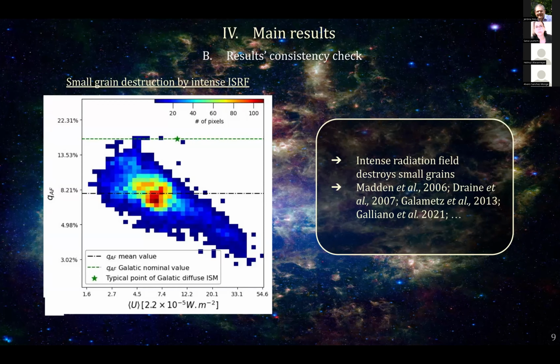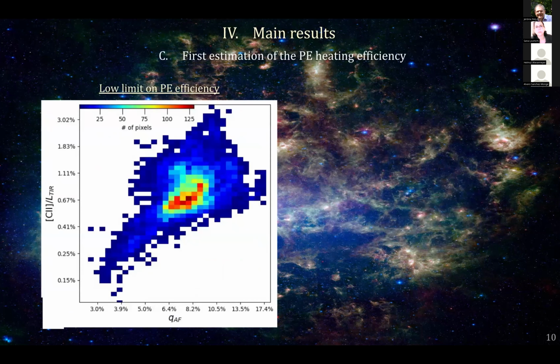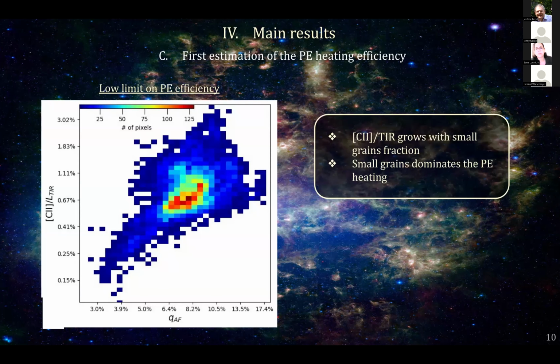Once we made sure our results are consistent, we could check the efficiency of the photoelectric heating, and the first estimation was to check the C plus ratio, the C plus over the total infrared luminosity as a function of the small grain fraction. So we see that the ratio grows with the small grain fraction, and this is due to the fact that small grains dominate the photoelectric heating.